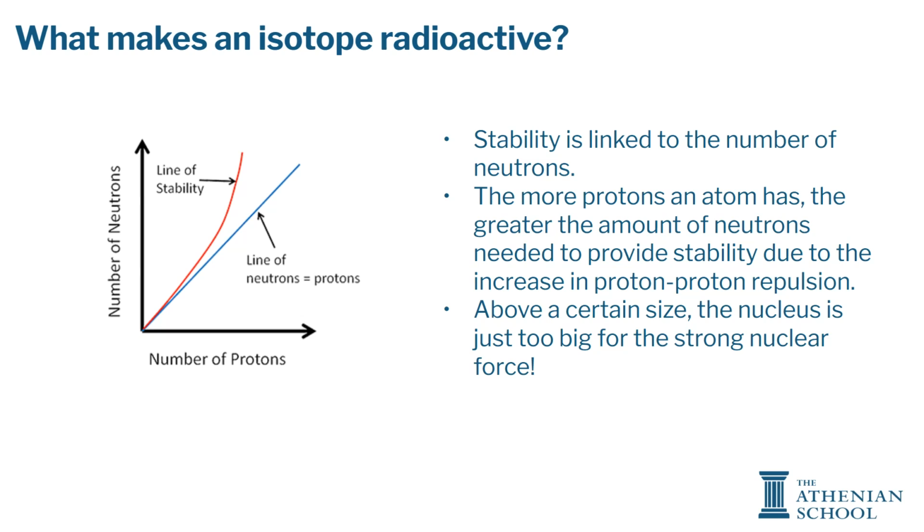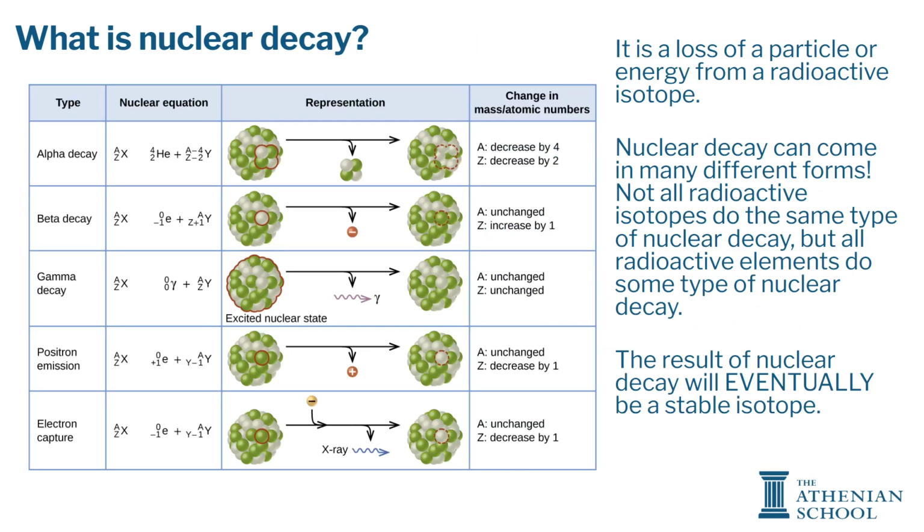Well, if you have a lot of protons, then that becomes an even bigger problem. So that's why above a certain size, the nucleus is actually too big for the strong nuclear force to hold the nucleus together. All right, so that's refreshing what was from the in-class activity.